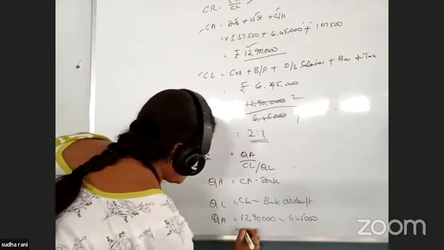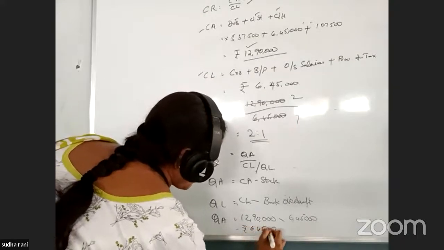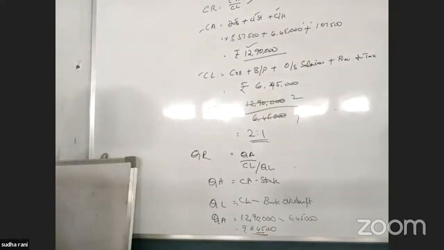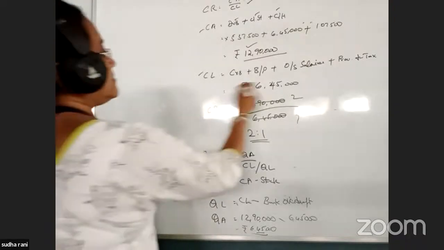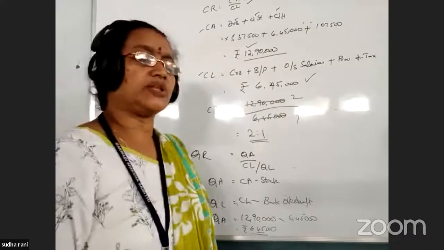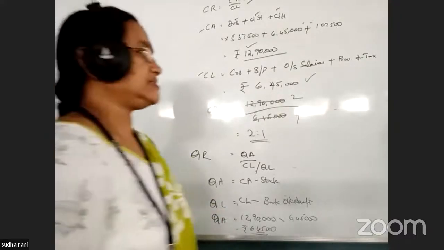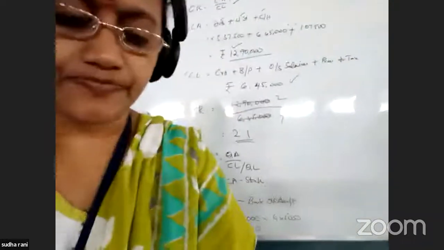So what is the value of quick assets? 6,45,000. Quick assets are 6,45,000. Current liabilities we take as 6,45,000 only, because in this question we don't have bank overdraft. So current liabilities itself we will take.